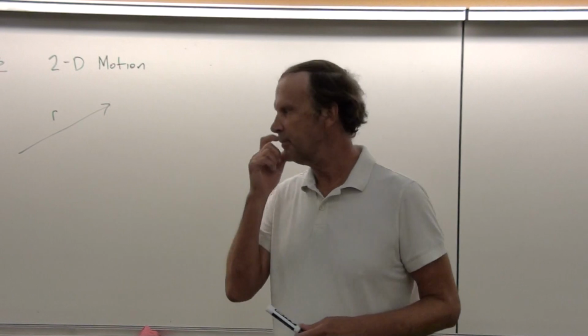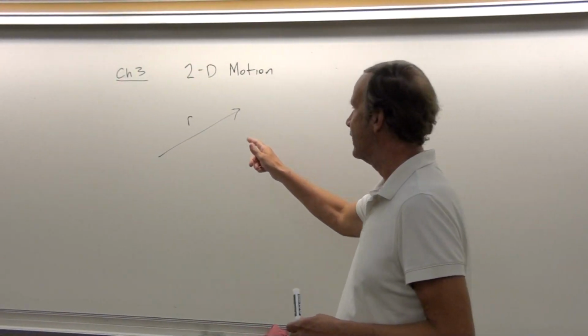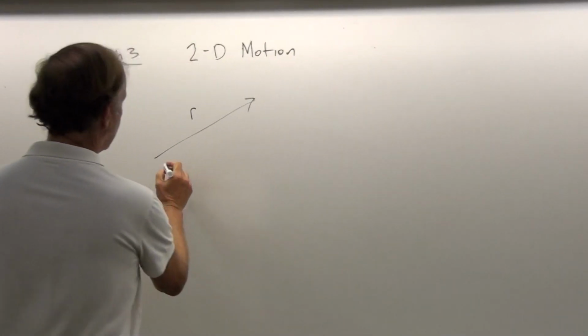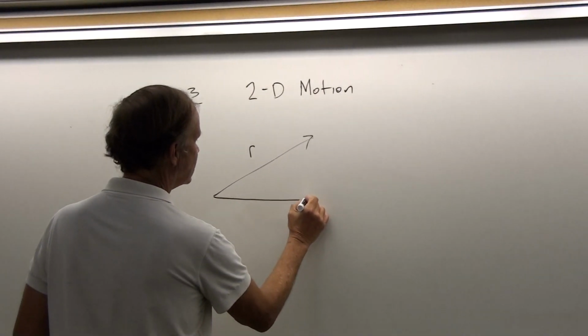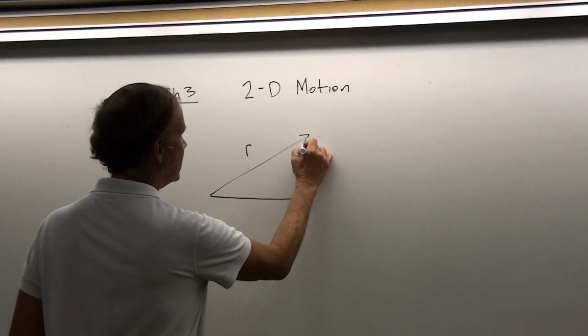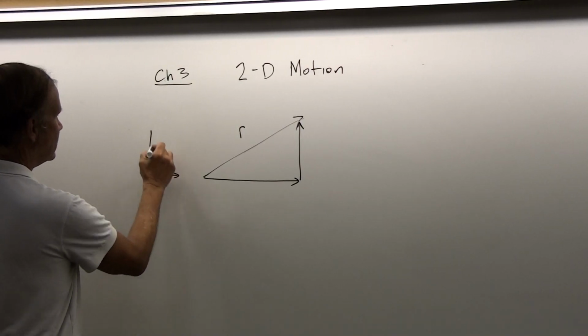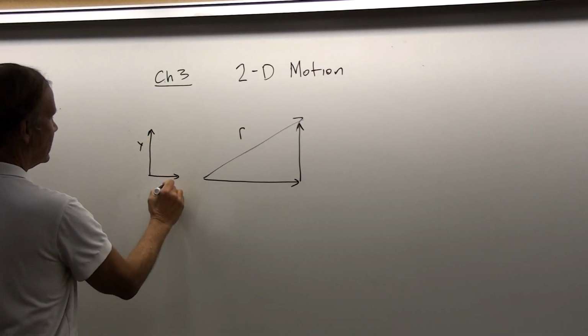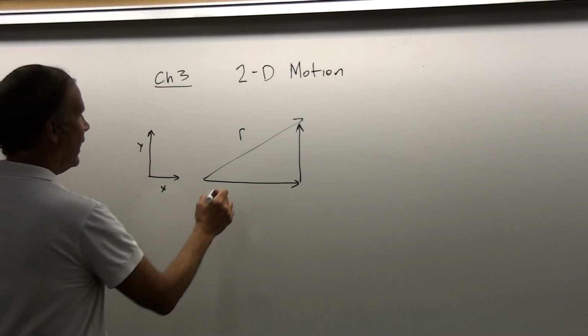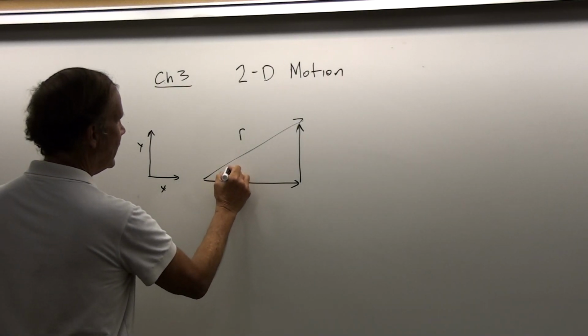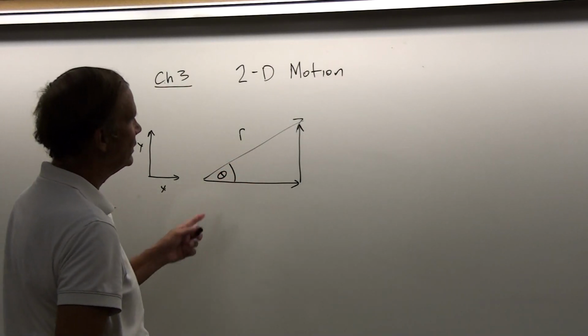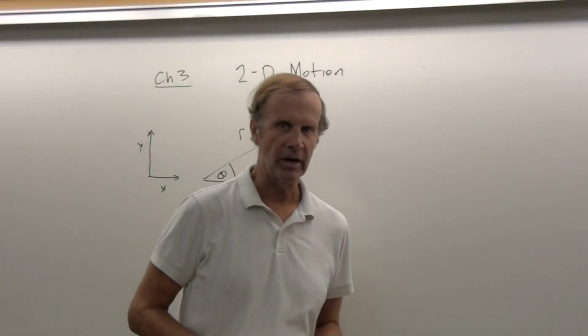components of vectors. So in general, if we have an r vector, we can break that up into its x and its y components if we have chosen a coordinate system that points, say, in the x and the y direction. And remember that in order to have a vector, we need to have a magnitude and a direction.